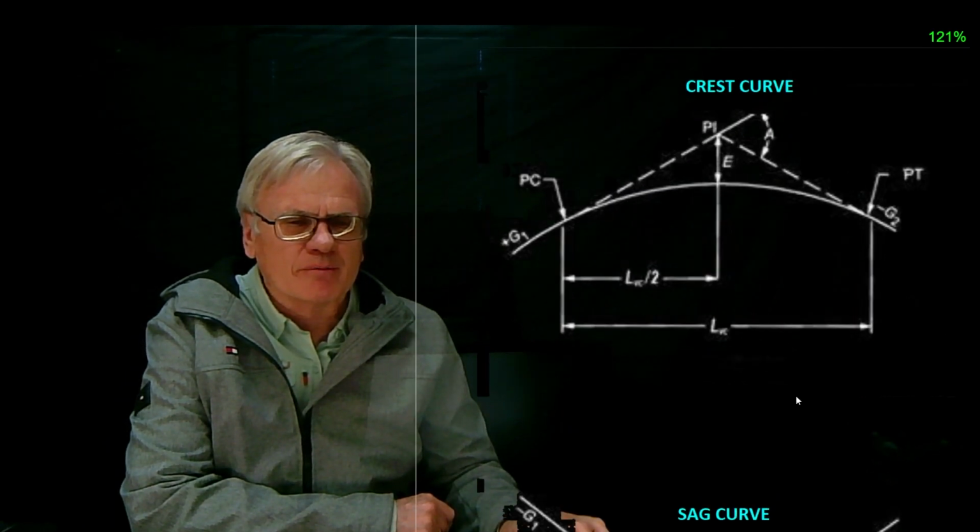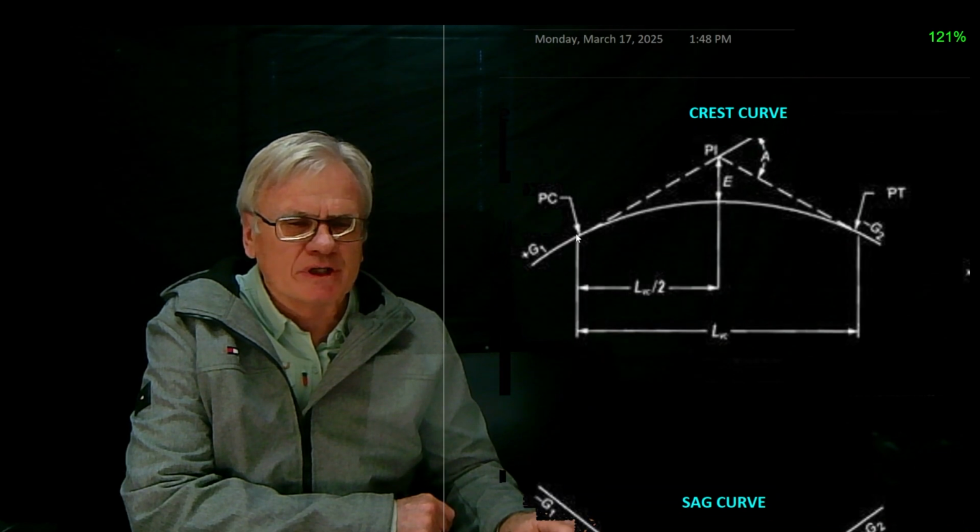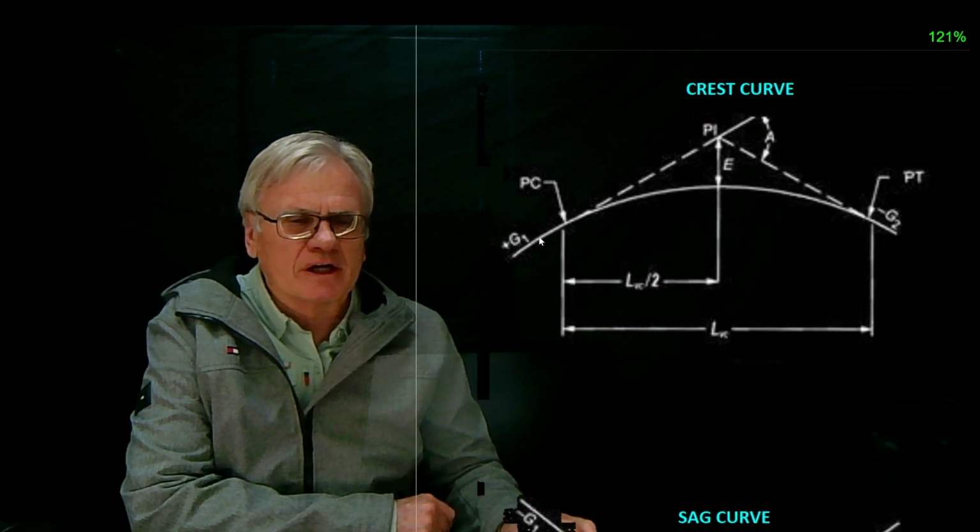Another thing that we may refer to is the distance between the PC and the PT, which is the length of curve, and in symmetrical curves, the distance from the PC to the PI is L over 2, and likewise this distance over here would be L over 2.